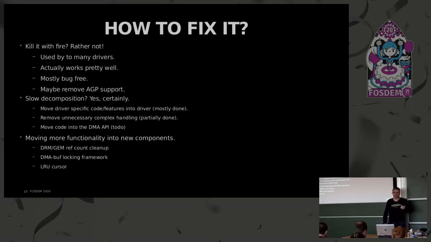One in GEM for the handle to user space, one in TTM for the buffer itself, and another one in TTM for eviction logic and list handling. With this move and a bit more cleanup, we can probably move all of this into a single reference count. That will make handling quite a bit cleaner and easier to maintain.